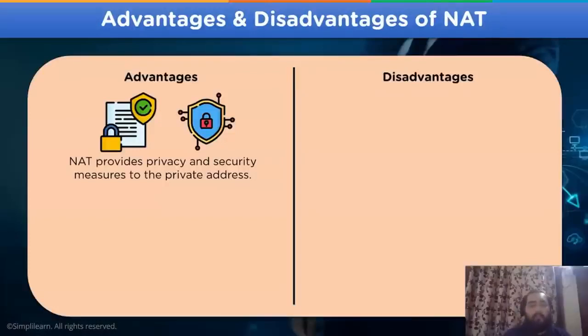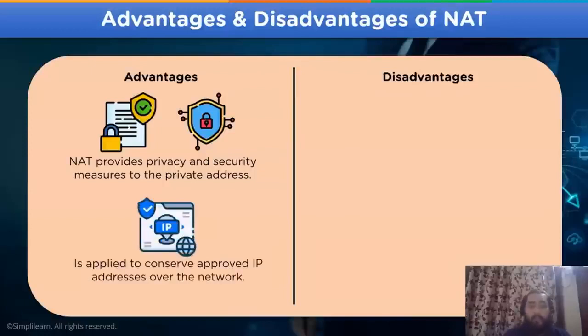Let's move on to the next advantage. The NAT process is applied to conserve approved IP addresses over the network channel. As discussed earlier in the previous slides, the NAT process helps to conserve IPv4 addresses.